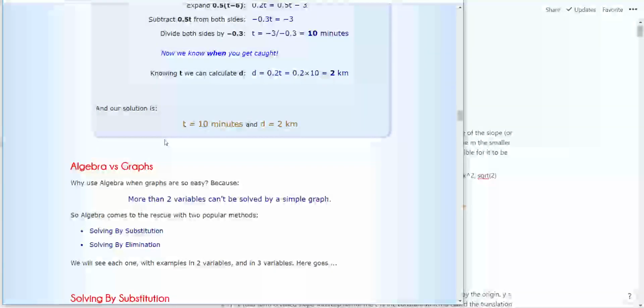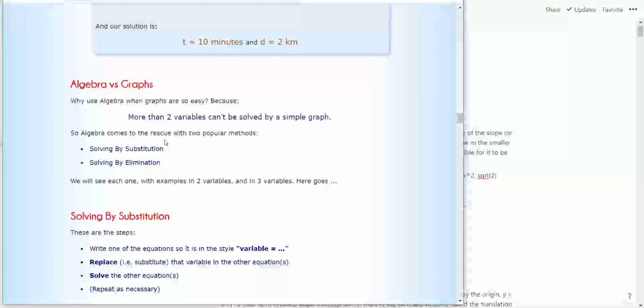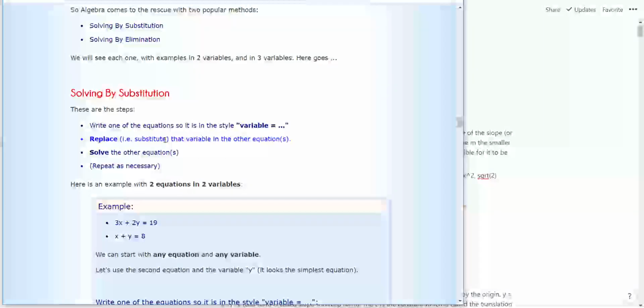Algebra versus graphs. Why use algebra when graphs are so easy? Because more than two variables cannot be solved by a simple graph. So algebra comes to the rescue with two popular methods: solving by substitution and solving by elimination. By substitution, write the equation in terms of one variable, replace, and solve, repeating as necessary.